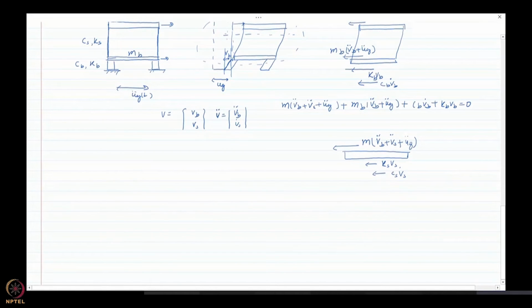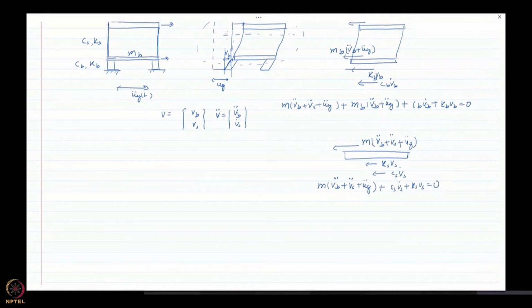So we can write down our equation of motion for the superstructure as M (Vb plus Vs plus Ug) double dot plus Cs Vs dot plus Ks Vs. Now let us further write these two equations so that they can be written in matrix form.